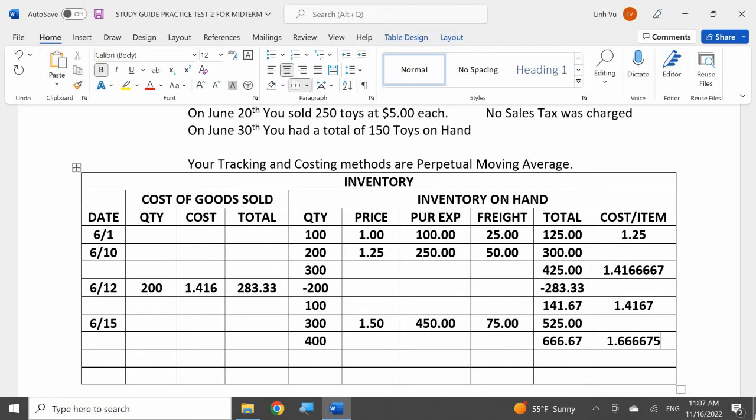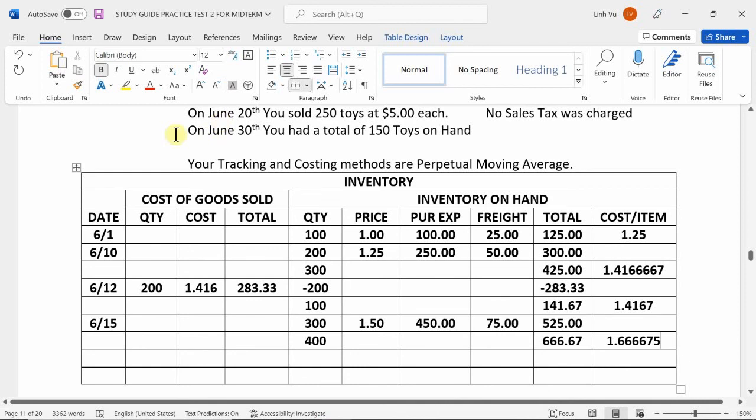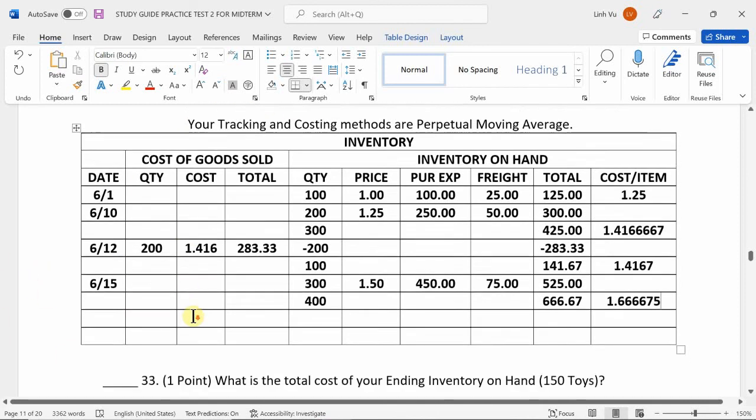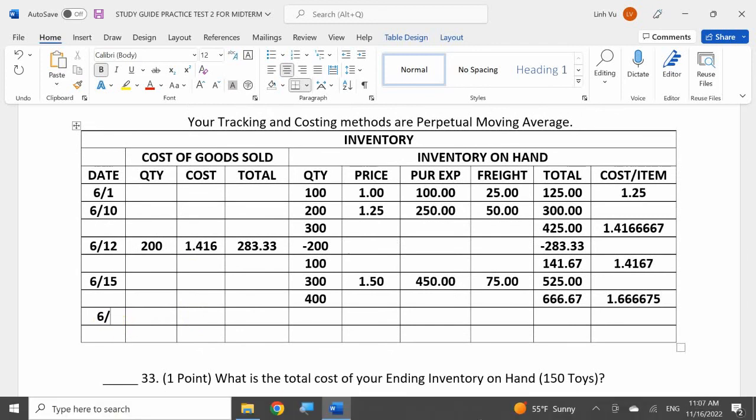Okay. So then, last but not least, it says here that on June 20th you end up selling 250 units. On the 20th, you sold 250 units at that 1.6666. So that should give you $416.67. Okay, so if I subtract that 250, I should be left with 150.